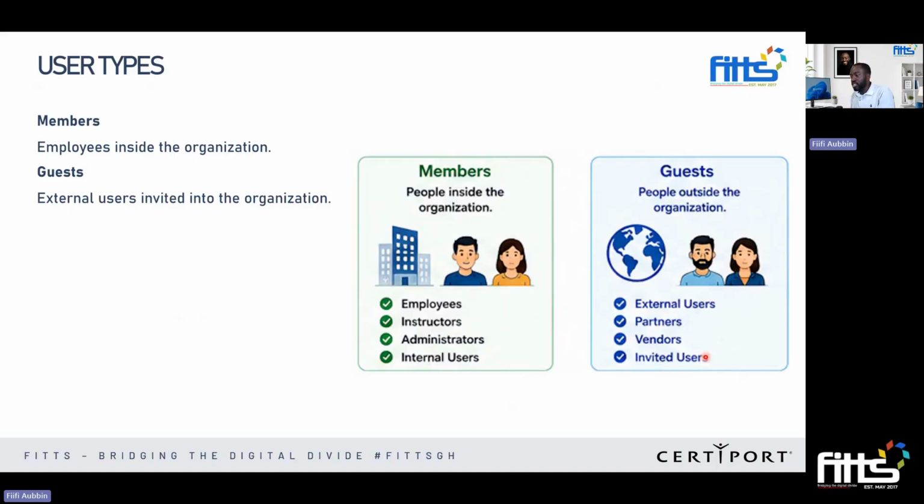And Microsoft Entra ID makes that possible. So people inside the organization are your members, and guests are people outside the organization, like external users, partners, vendors, invited users. We've got internal users, administrators, instructors, employees within our organization. So these are the types, the members and the guests. And we also have group types.